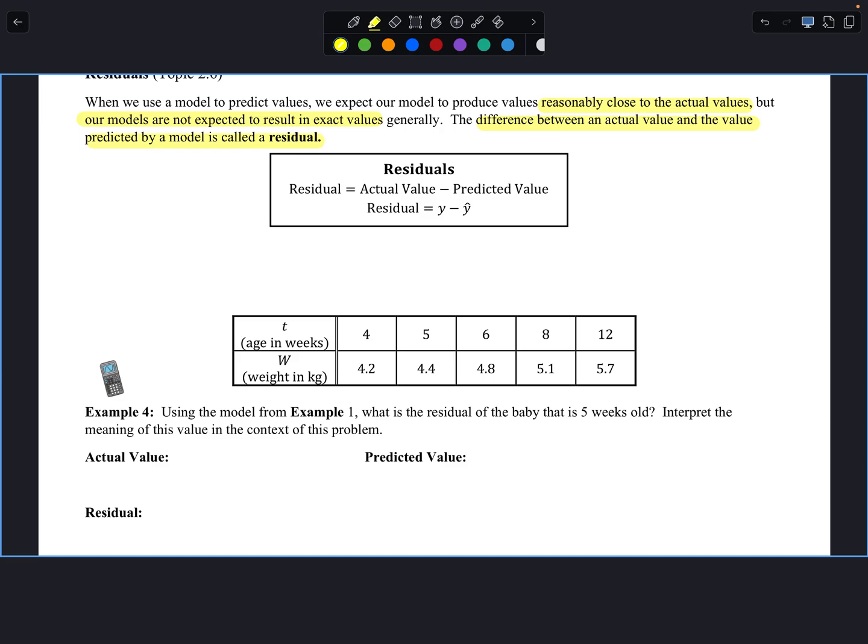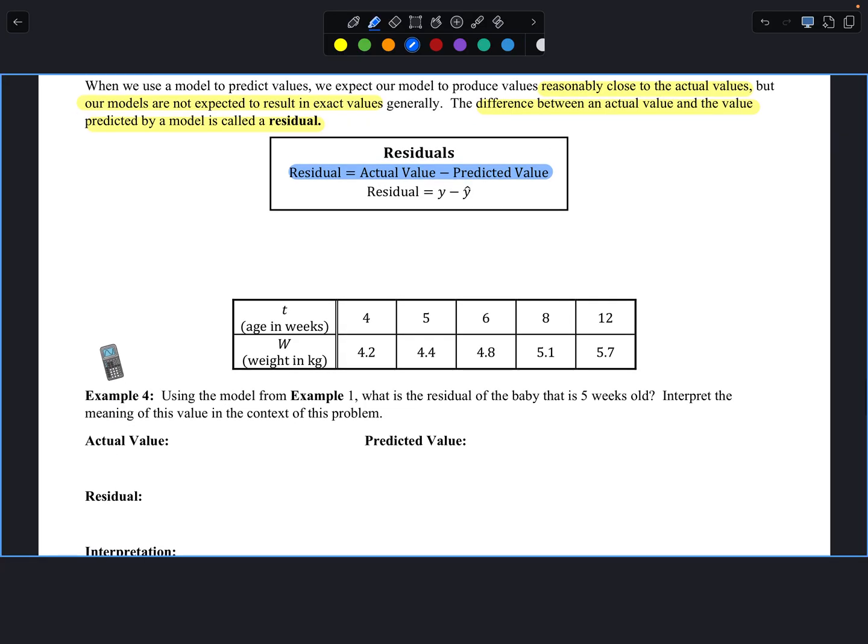So we're going to revisit this again later on. But to calculate a residual value, it is equal to the actual value minus the predicted value. So in this table, these are your actual values. These are real baby numbers from a hospital.